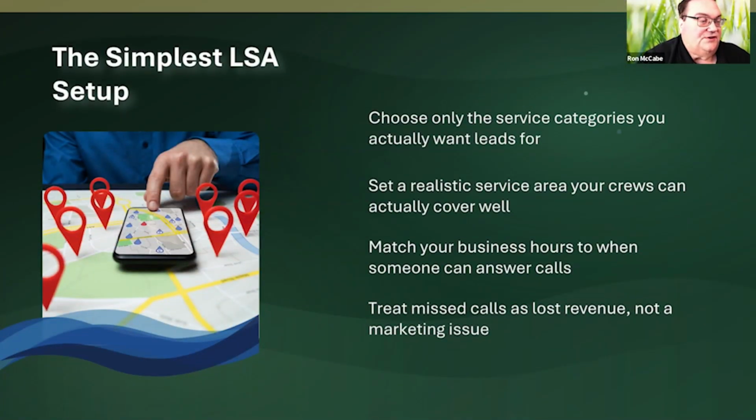And when you set it up, you want to choose your service categories. The temptation, because there are so many options on the service categories, is just to select everything. The issue with that is you often then start getting leads that you really don't want to pay for. We actually recommend you prune your categories and think about it in terms of you're going to have to pay like 80 to 110.